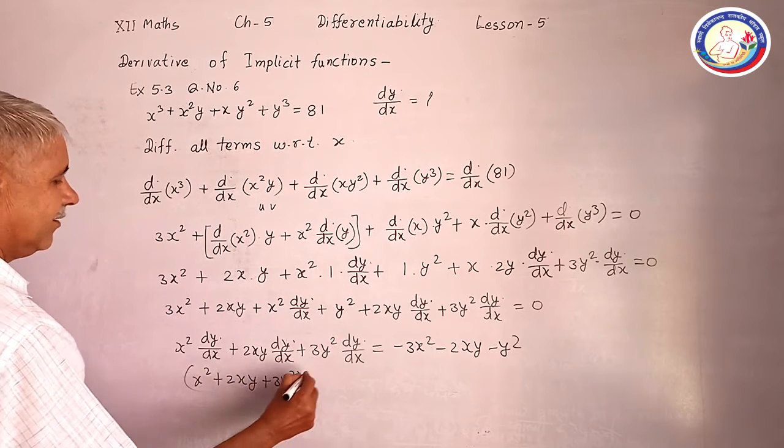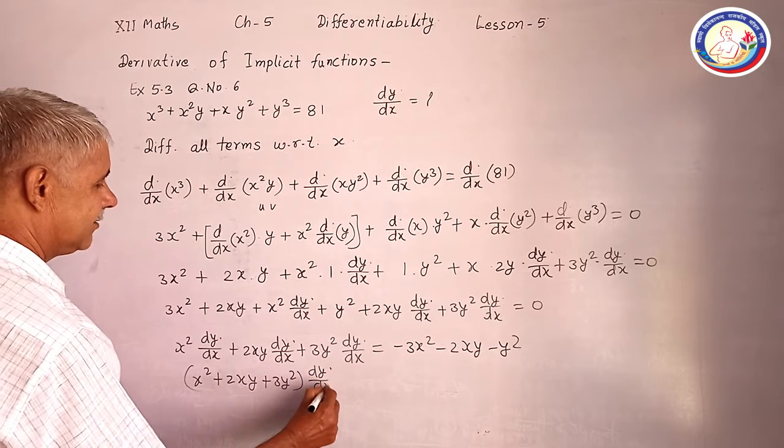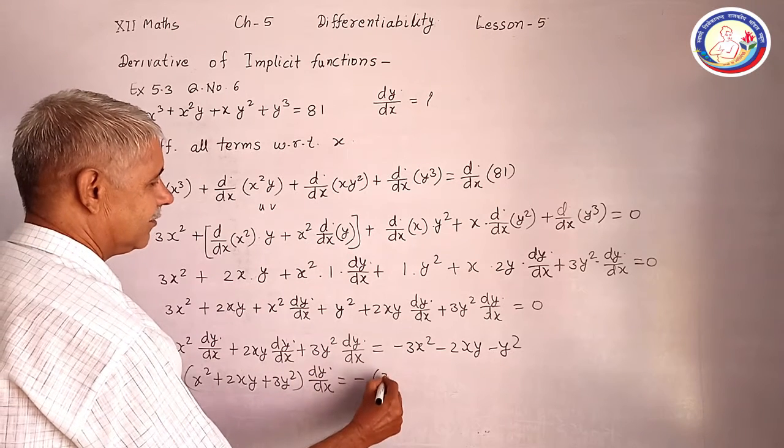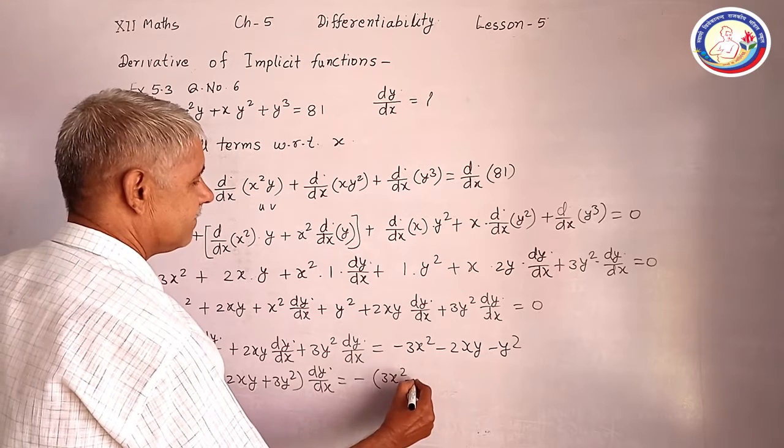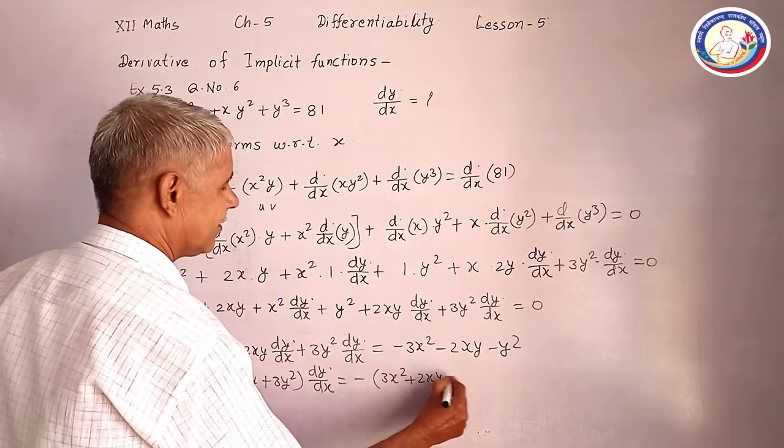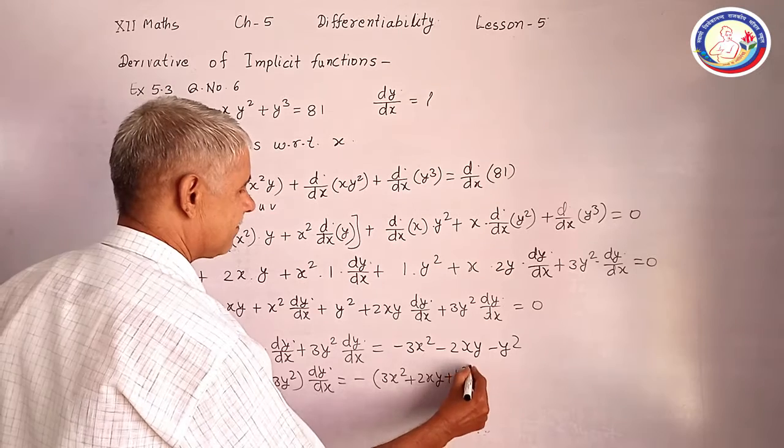If we take common derivative of y with respect to x, dy by dx equal to minus 3x square plus 2xy or plus y square.